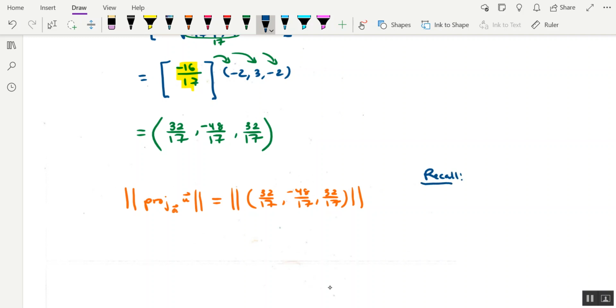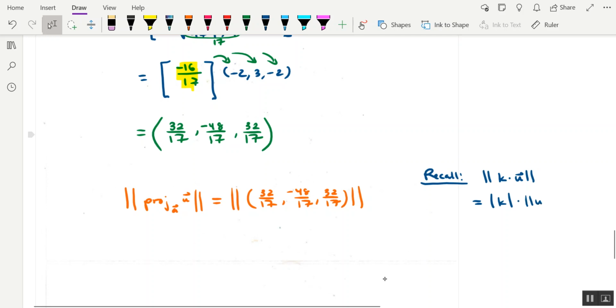This was a property at the bottom of page 1 of section 3.2, I believe, where it said the norm of a scalar multiple of a vector u can be rewritten as the absolute value of k times the norm of u. So we can factor this k out, provided we surround it in absolute values, just in case the value of k is negative. And keep in mind, norm is the measure of a length, so it should always be in positive units.